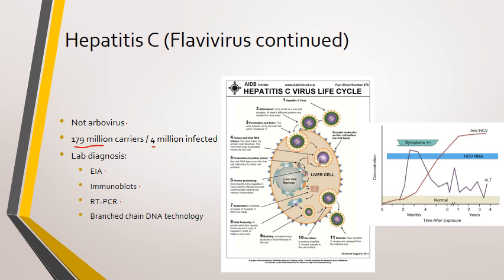You will see those tests in the laboratory, but it's the serology tests, the enzyme immunoassay or ELISA, or the immunoblots, which usually are there for screening of our patients. The great thing about these immunoassays is that they can and have been automated, which makes the flow in the laboratory much better.